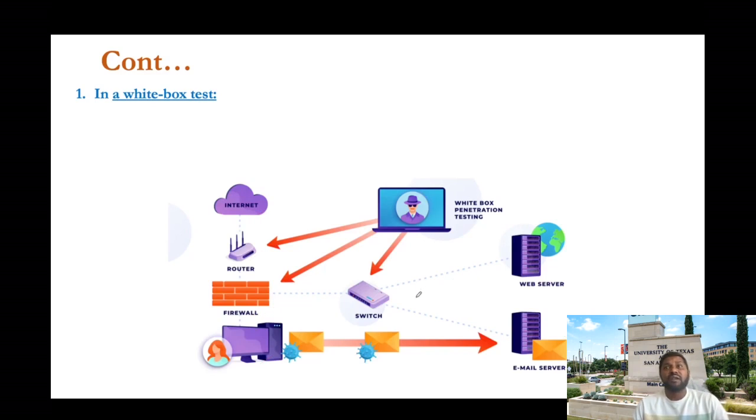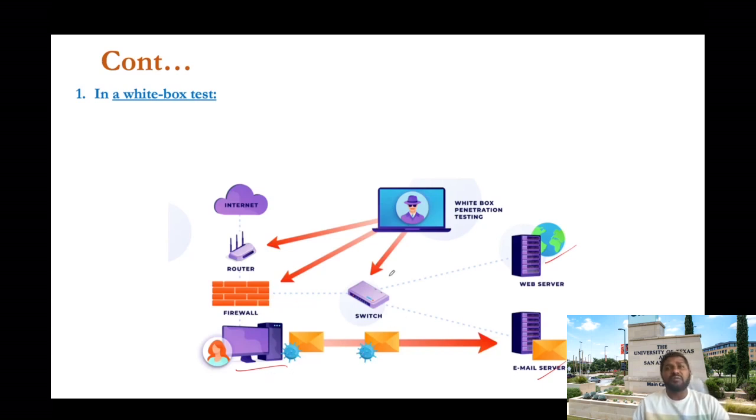Therefore, they can perform the most comprehensive study of its weaknesses. Is there any weakness in the web server, the email server, or at the employees' desktops? This white box penetration testing analysis includes assessing areas such as code quality or system design.